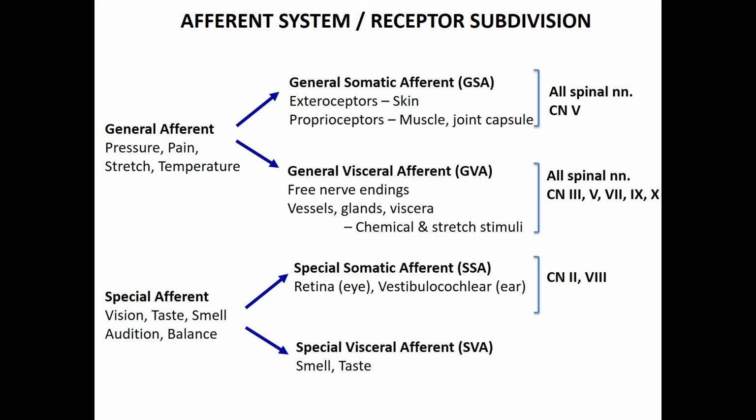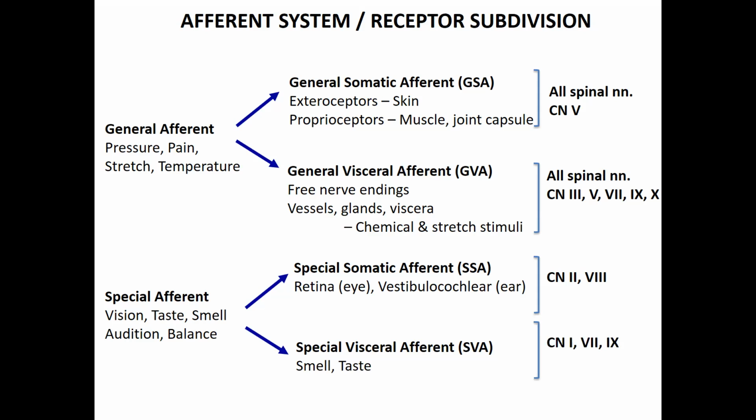Special visceral afferent is again related to special senses, but those whose receptors or afferents, or starting point, are within the organ systems or within the viscera of the animal. There are two of them. One is the sense of smell, which is present within the nose, and the other is the sense of taste, which is present in the oral cavity.